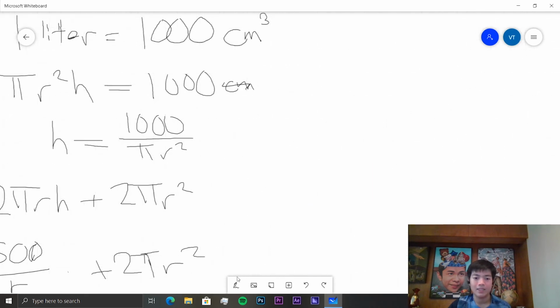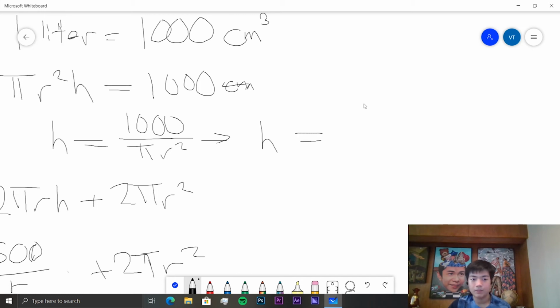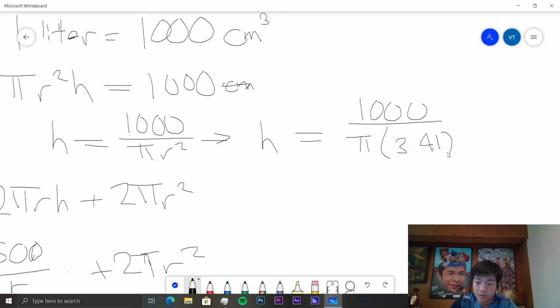So we know h is 1000 over pi r squared. Therefore this must be 1000 divided by pi times 3.41 squared. So this is roughly 27.3 centimeters.